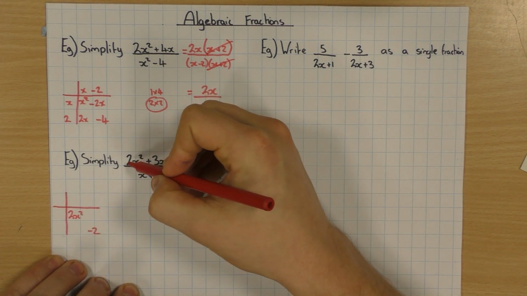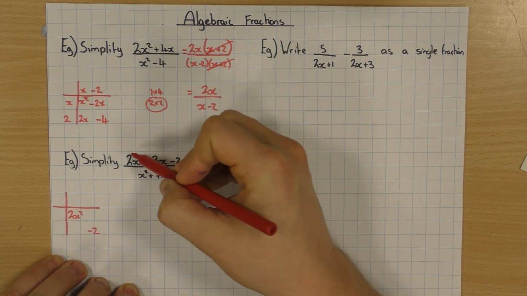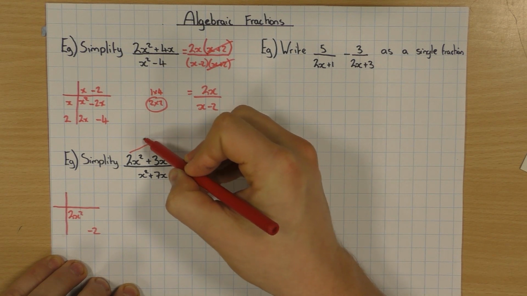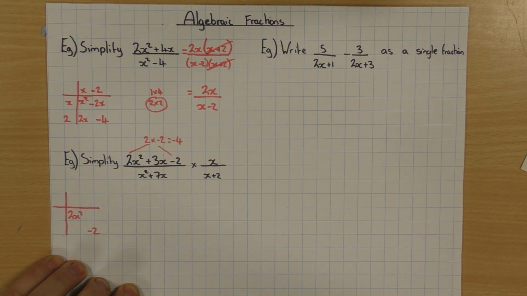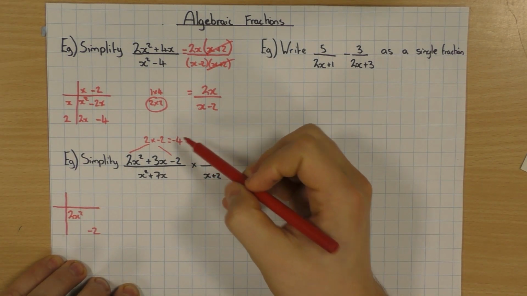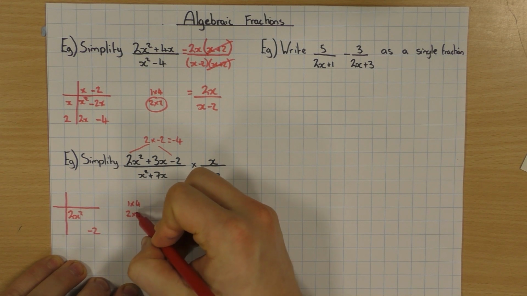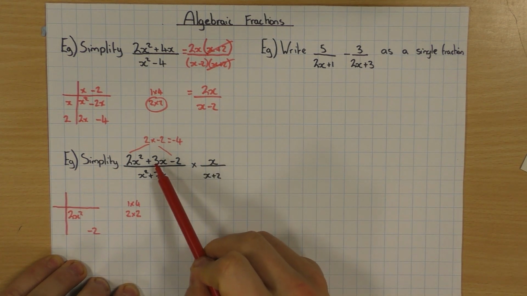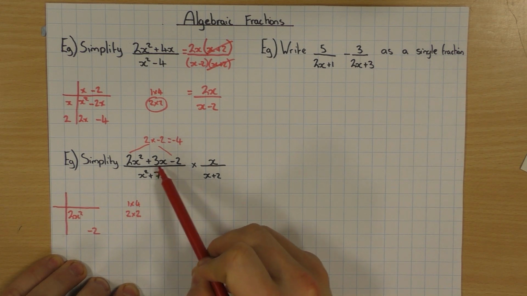Now because I've got a coefficient, which is 2, and a coefficient means what's in front of the x squared, I have to do something slightly different. So I do 2 times minus 2, which is minus 4. Now I'm looking for numbers that multiply to get 4, same as up here. So I've got 1 times 4 and 2 times 2. This time though, I'm picking the pair that gets me 3x.